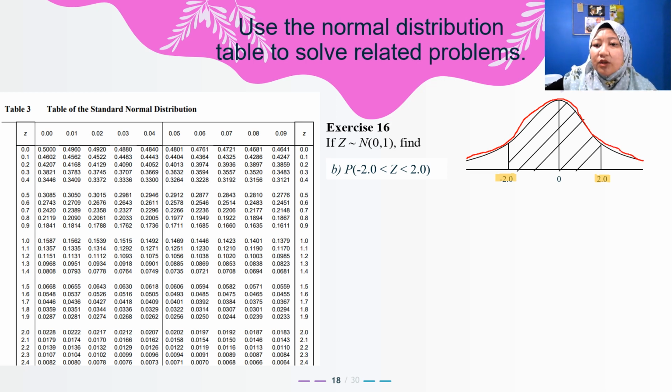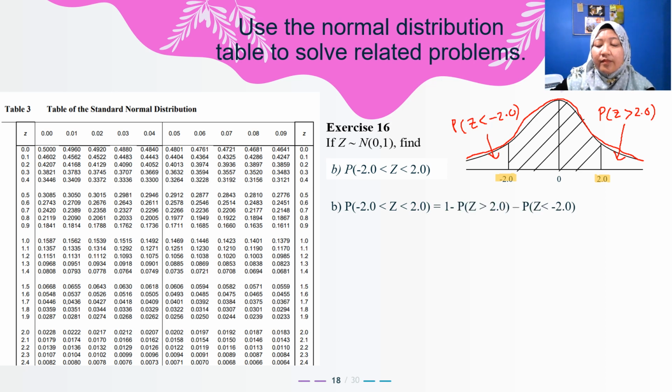And then kita boleh tolak kawasan ini adalah probability Z greater than 2.0. This area is probability Z less than negative 2.0. And we know that this one is equivalent to probability Z greater than 2.0.